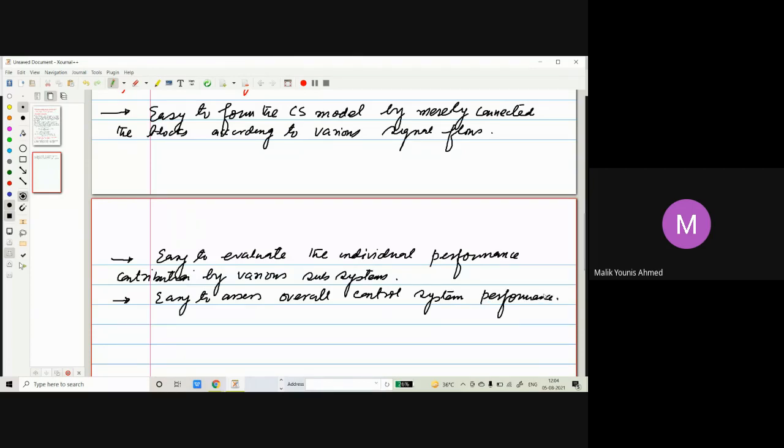If you want to see the overall control system performance, how the percentage performance is and how the individual blocks are doing, you can do it from output to input.